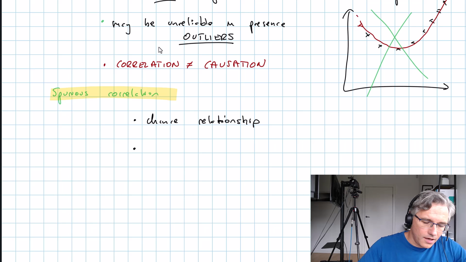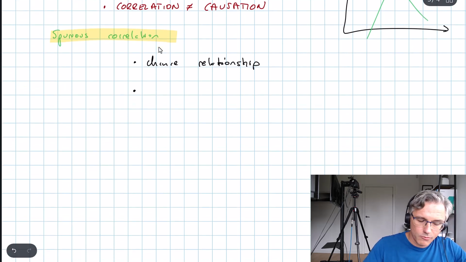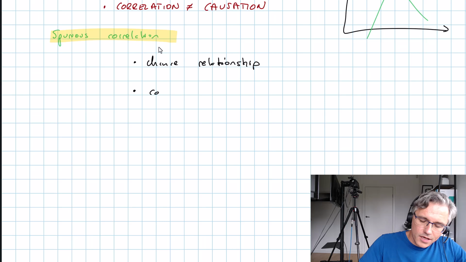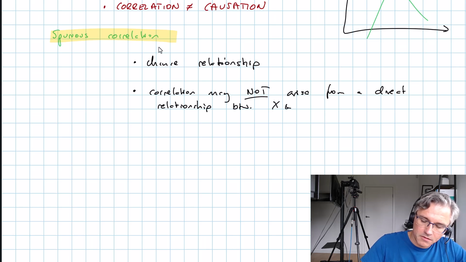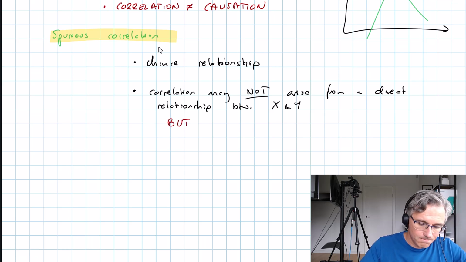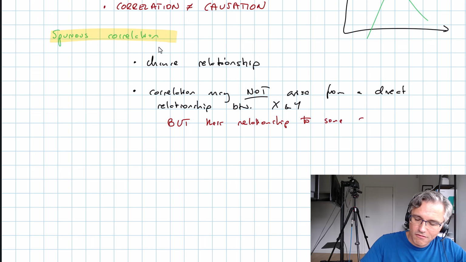Yeah. And what often happens as well is that correlation may not arise from a direct relationship between X and Y, but their relationship to some third variable.